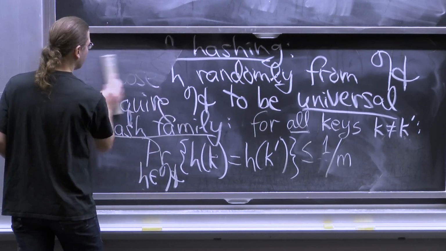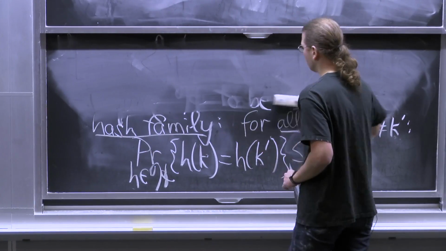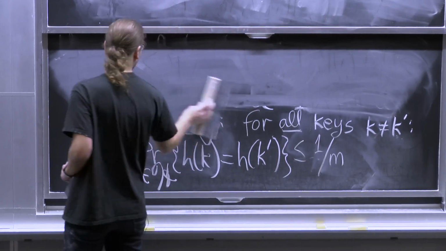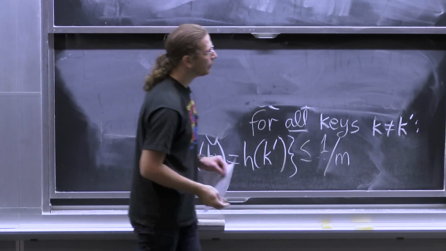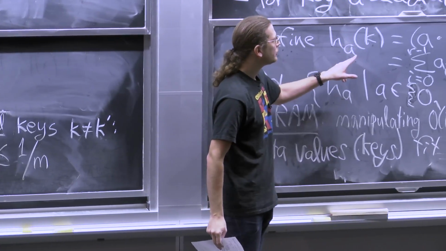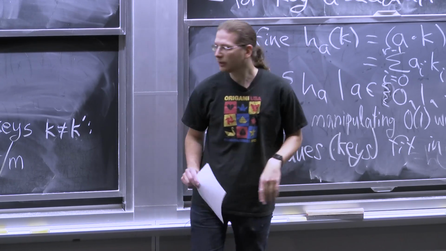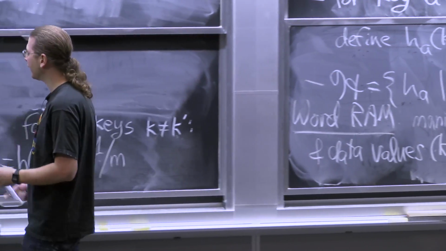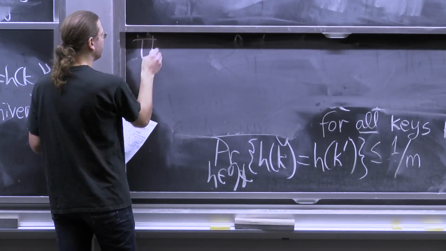Okay, so we want to prove this property, that if we choose a random a, then the probability of two distinct keys k and k prime mapping via h to the same value is at most 1 over m. So let's prove that.